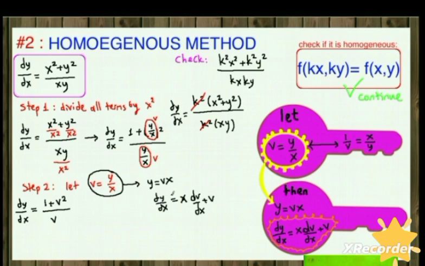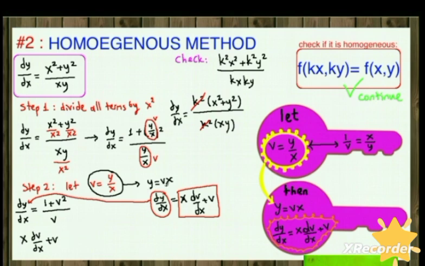Now this dy dx will be substituted with this dy dx. So x times dv over dx plus v, which we get from the differentiation of y equals v times x, equals 1 plus v squared over v. Here, actually, we can separate the function, so it's going to be more helpful. Let's do that.